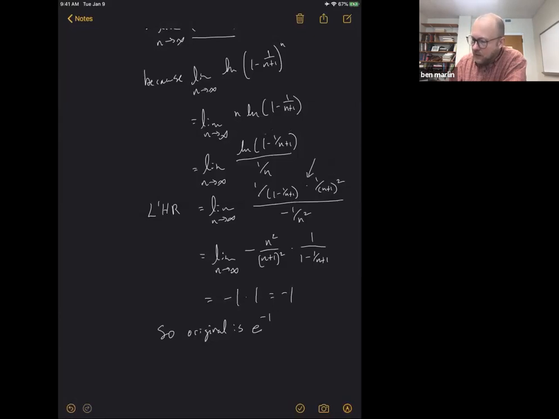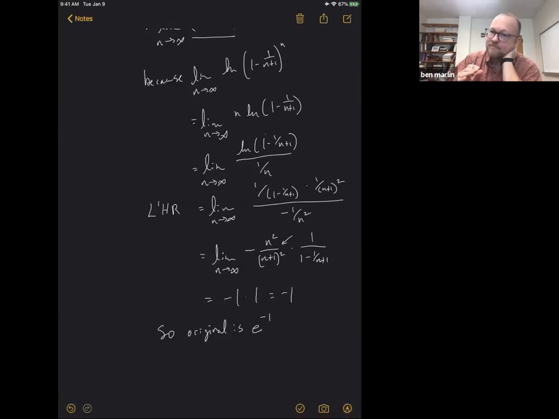But the power goes from being negative 1 to being negative 2, which means you have 1 over n plus 1 squared. Okay. Ugh. So if you do a little simplifying of the algebra, notice that we have the negative coming from the denominator still hanging on. And then we can put the first part together and have this n squared and n plus 1 squared.